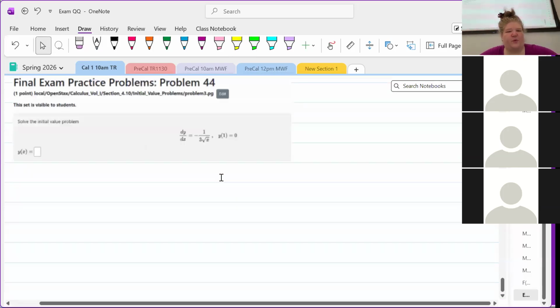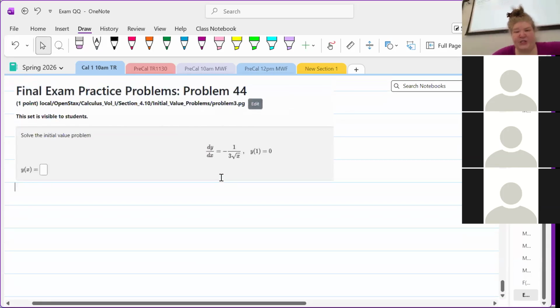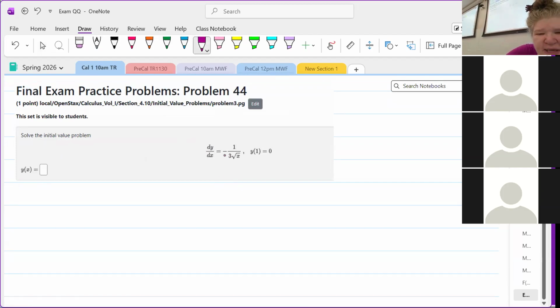All right, problem 44 here is an initial value problem. So we're told the derivative is the negative of 1 over 3 square roots of x. And we're told that the function value at x equals 1 is 0. So they're asking us to figure out what y equals. Like we're trying to find the original function that has this result as its derivative.